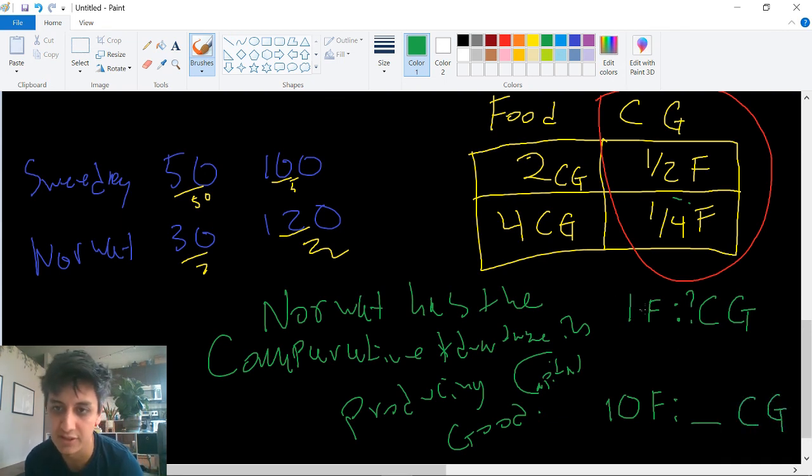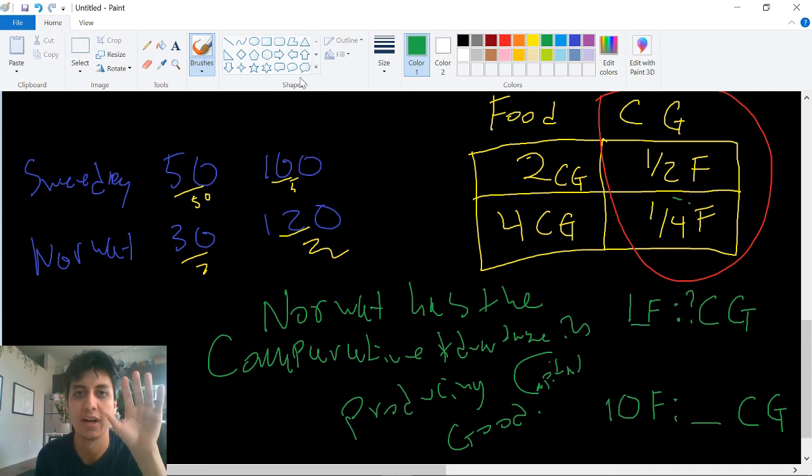So I'm going to start with this basic ratio, and then we'll just multiply by 10 at the very end. So 1 unit of food for how many capital goods? If I'm searching for how many capital goods, I'm going to be looking at the opportunity cost for capital goods. We have one food, which means we're looking in this column.